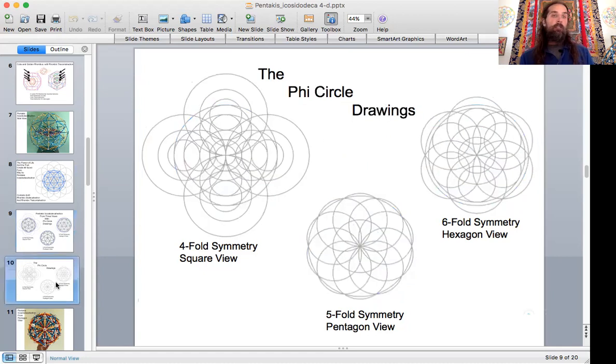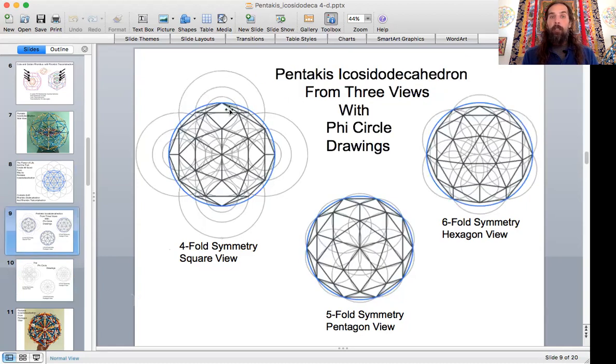Very, very cool. That was really a neat discovery for me. And for these 2, the inner sphere that you would put inside the form, those 2 are the same. And this one is just slightly tucked in a little bit more.